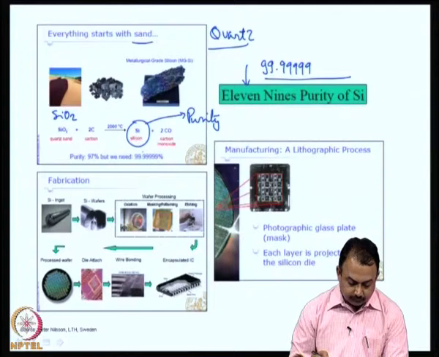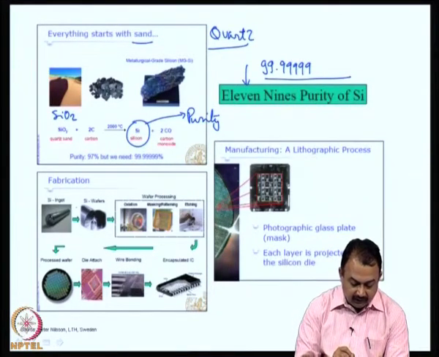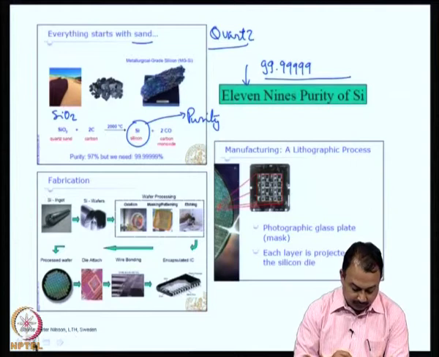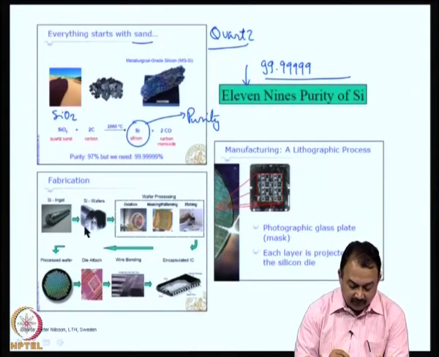Now, very briefly, if you look at this particular slide, we start with silicon as an ingot material. From there the wafers are generated. This is an ingot material, a rod of pure silicon, and here you have the silicon wafer.